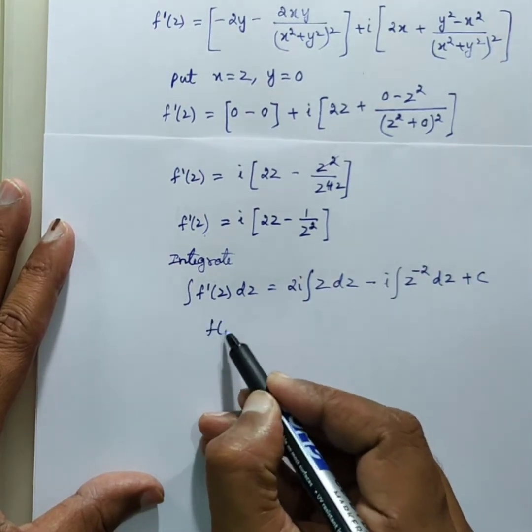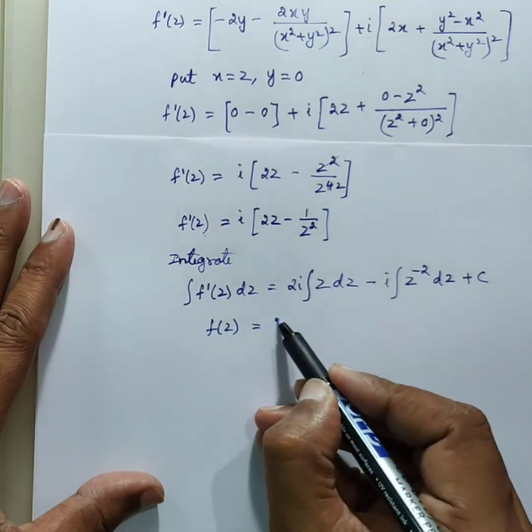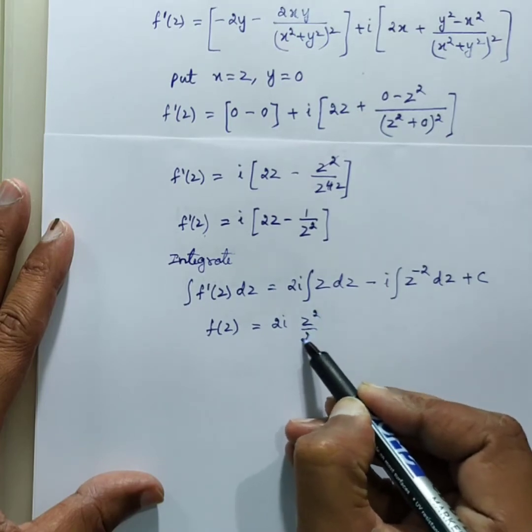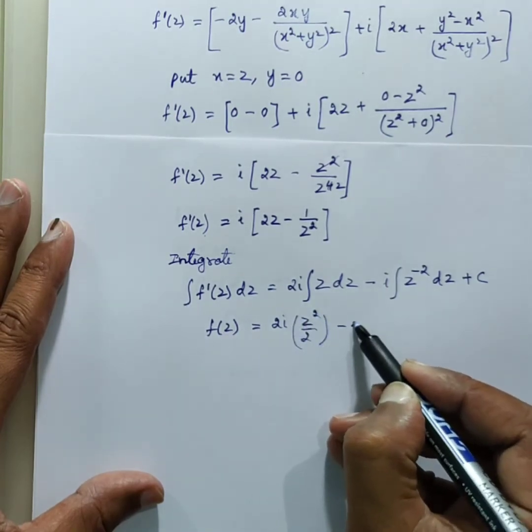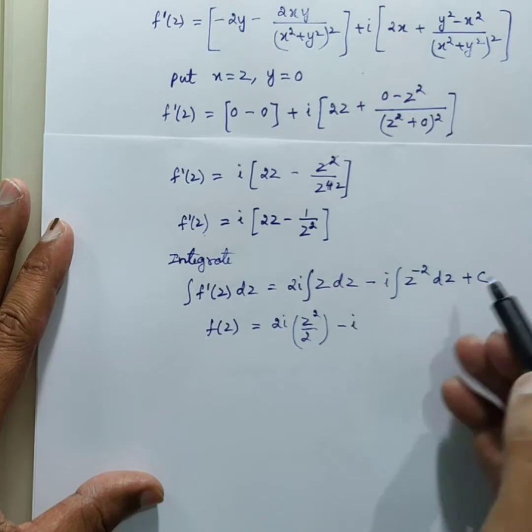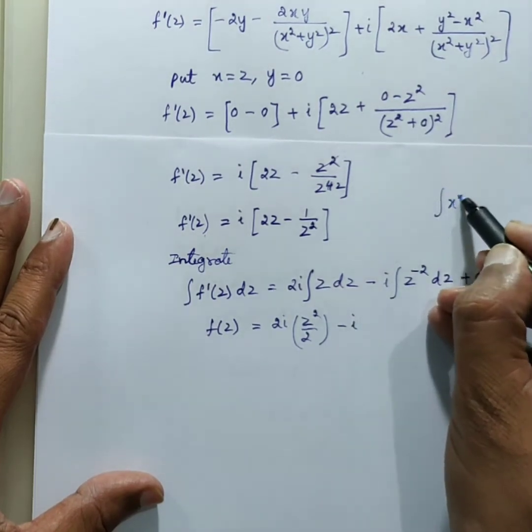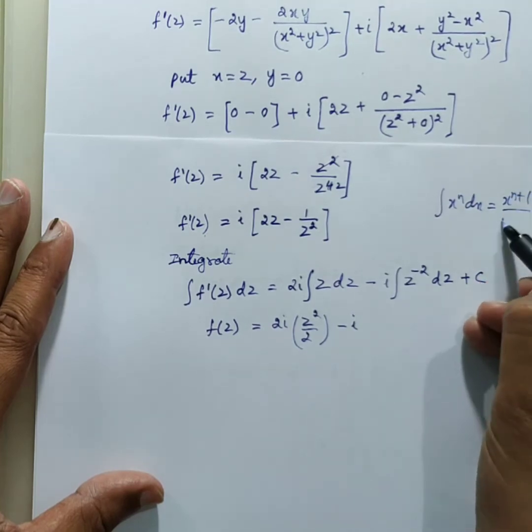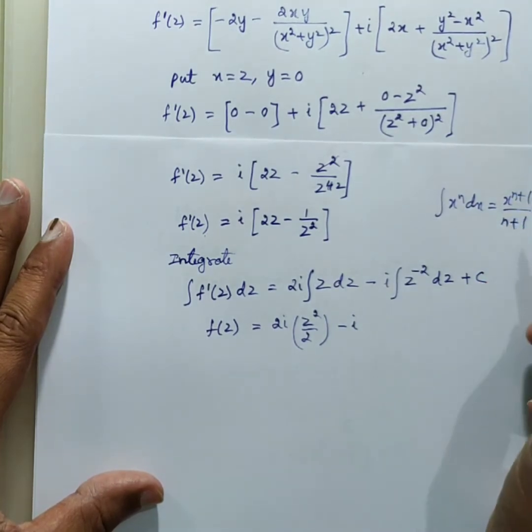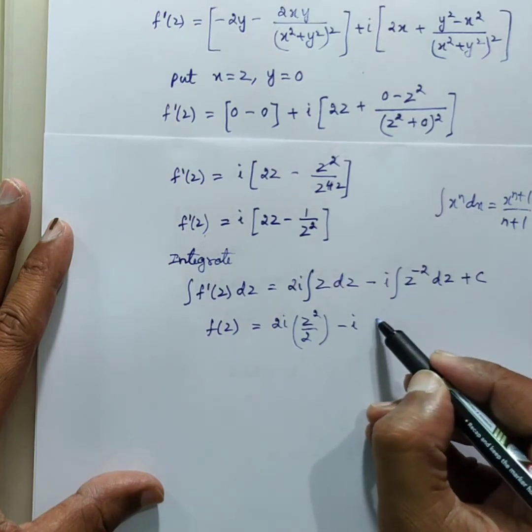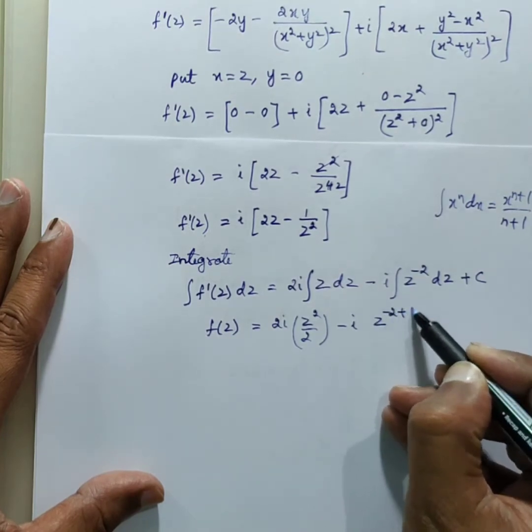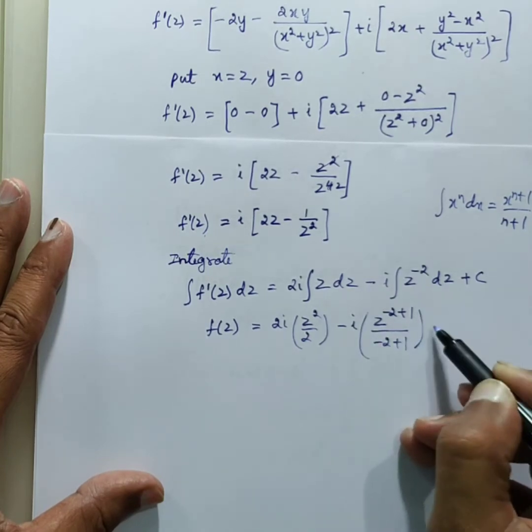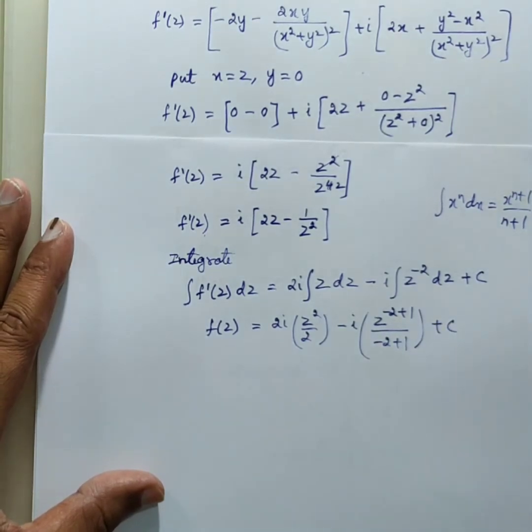The integral of f dash of z will be f of z, equal to 2i into, the integral of z, which is z square by 2, minus i into, for this you can use the standard formula, the integral of x power of n into dx is x power of n plus 1 by n plus 1. So it becomes z power of minus 2 plus 1 divided by minus 2 plus 1, plus the constant of integration c.